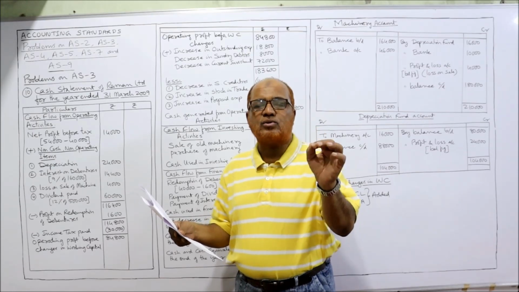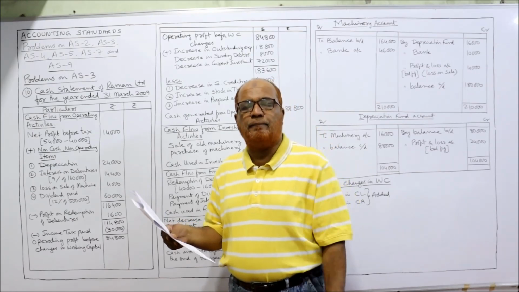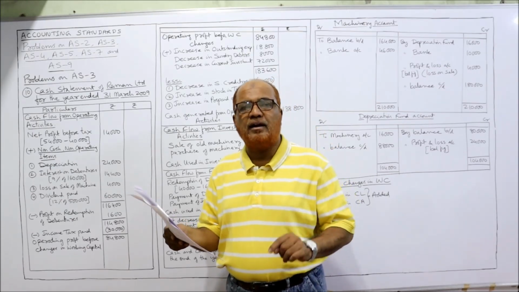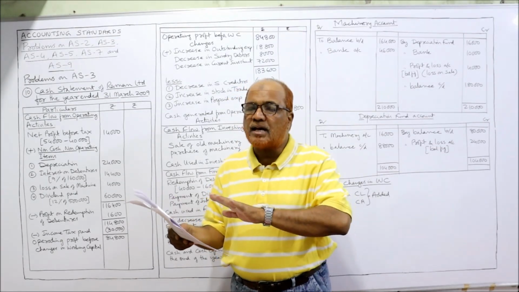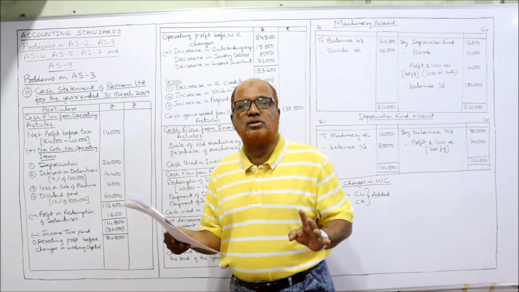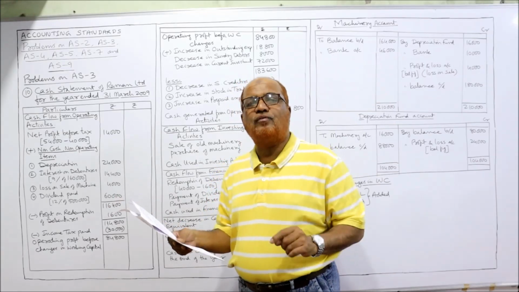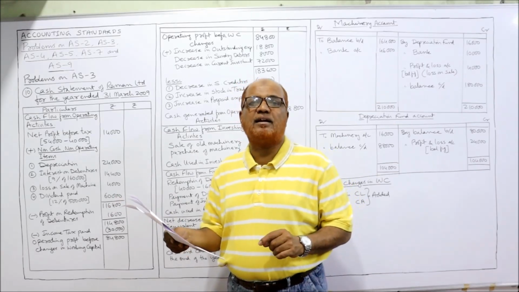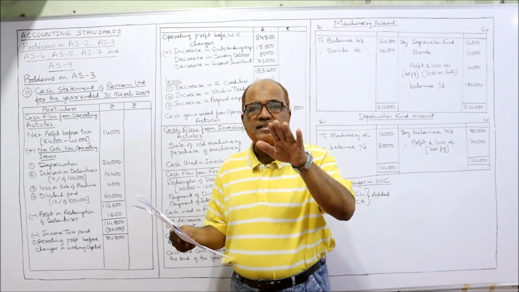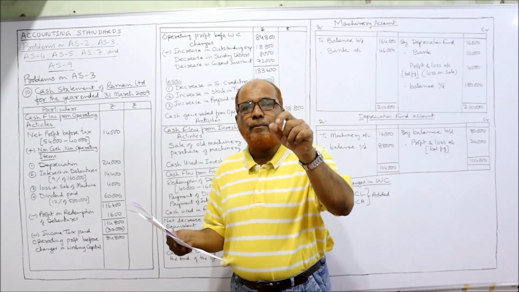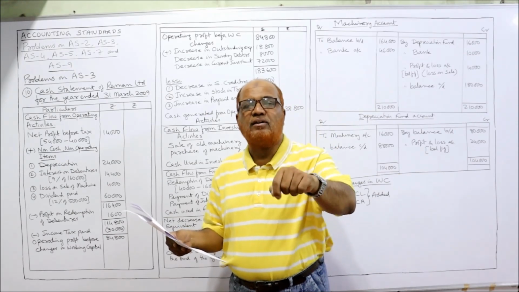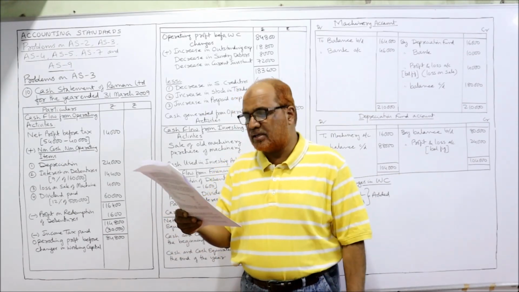So 40,000 rupees debentures are redeemed, but redemption was made at 4% discount. The company has not paid 40,000. 40,000 into 4%, 1,600. The company has deducted 1,600. So 40,000 minus 1,600 will be paid to the debenture holders.